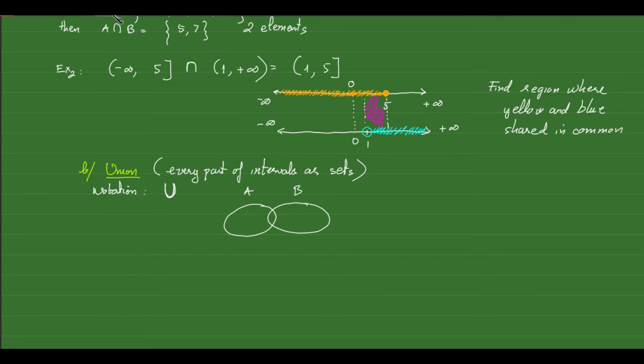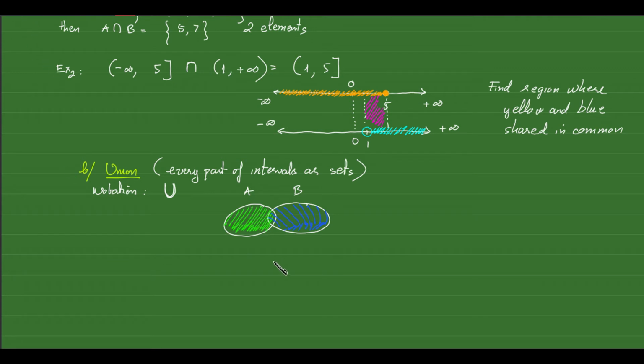The first one, let me use the green one here, and the blue one. There you go. So you see that the green and the blue are kind of overlapping each other. But we don't care about the overlapping part.